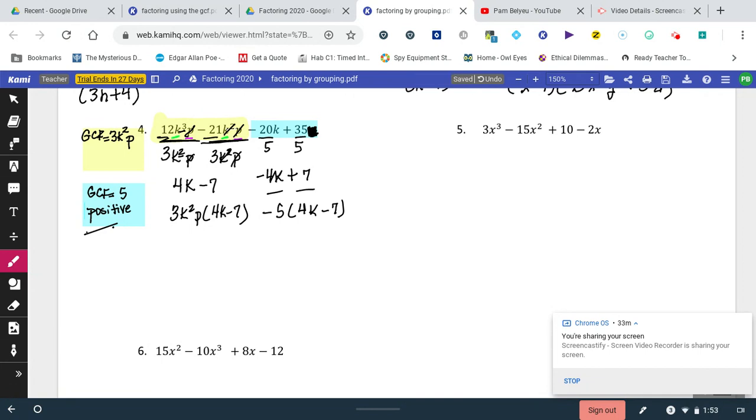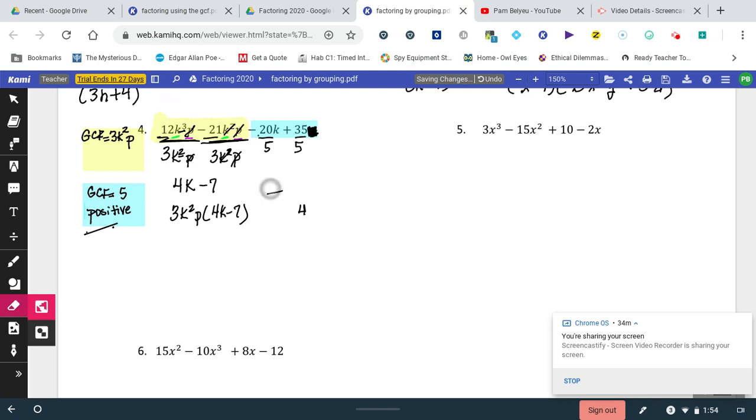Now, I really don't like doing mine like that. I would prefer that you were diligent and looking at these signs, and if you saw a leading coefficient that was negative, or that first number was negative in your pairing, you just go ahead and make your GCF negative. So I'm going to go back and do mine that way because I prefer it. But I was just showing you what you could do if you forgot. You could switch all the signs of the GCF and the signs in the remainder, okay?